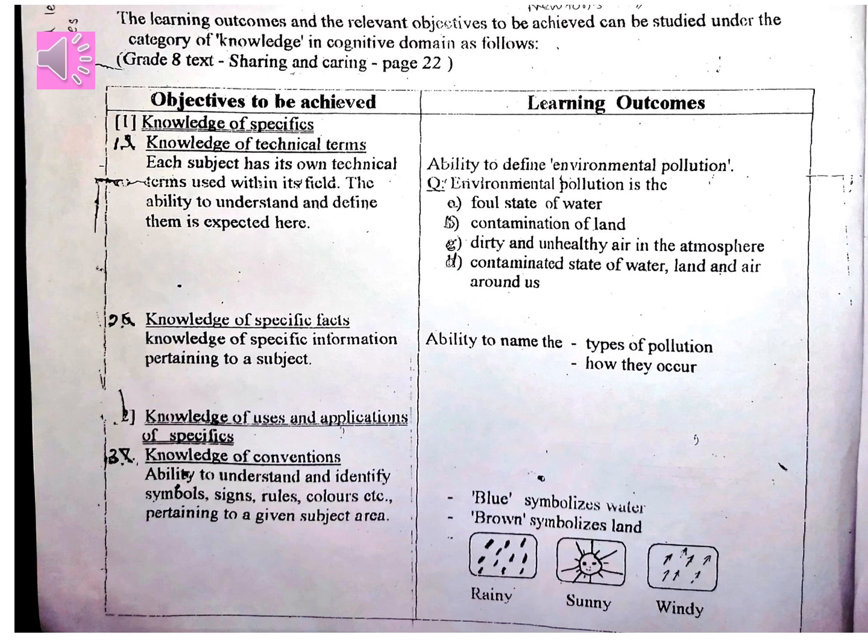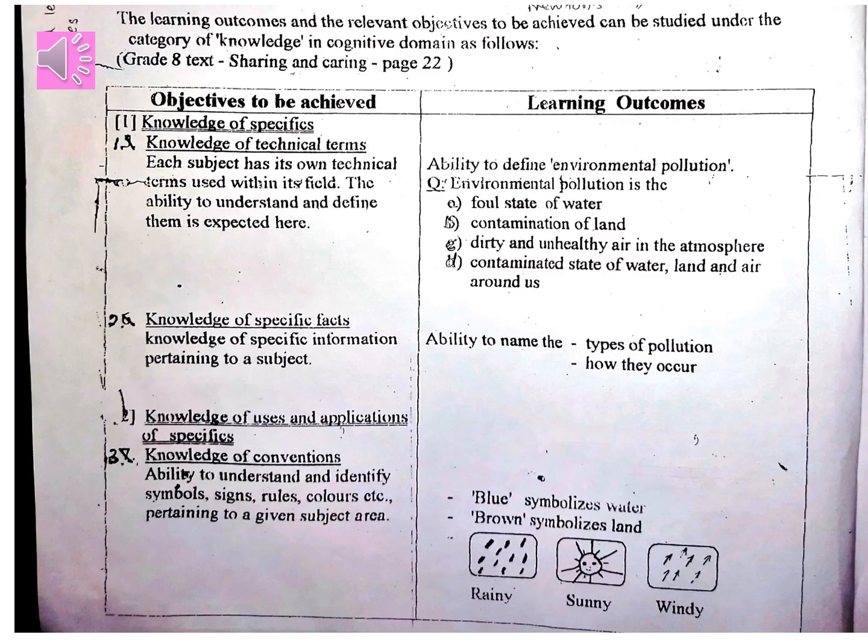That's one piece of information, right? So you should know the subject matter. Then the learning outcome: ability to name the types of pollution regarding this lesson. Then how they occur. That's the information. That is specific facts. So you can give tests, questions as given above.